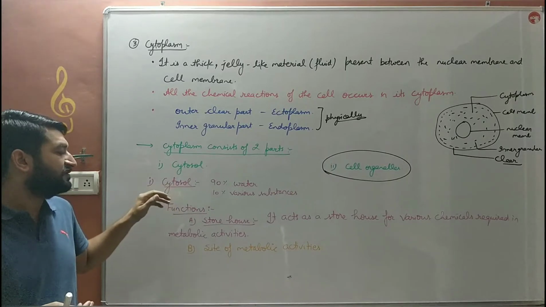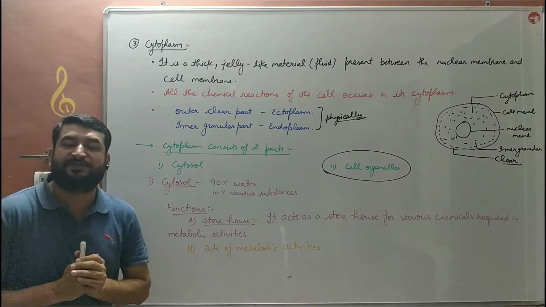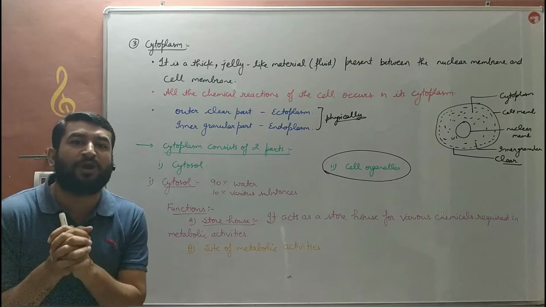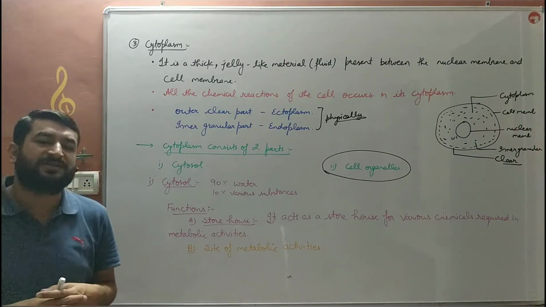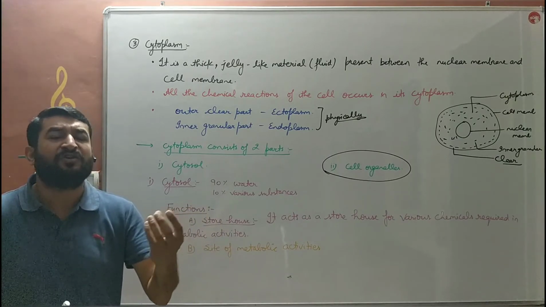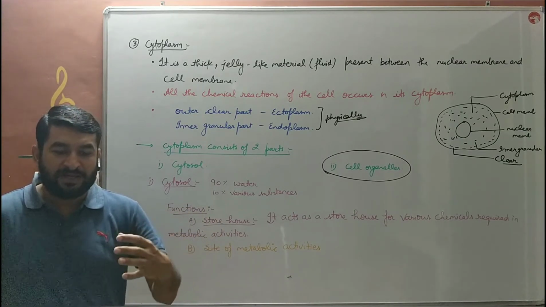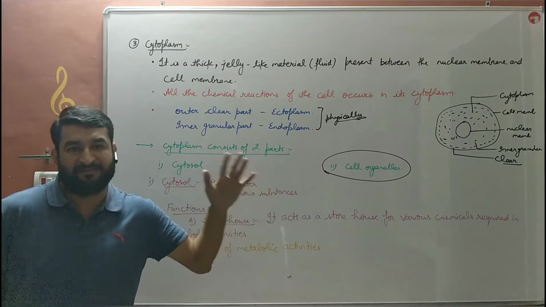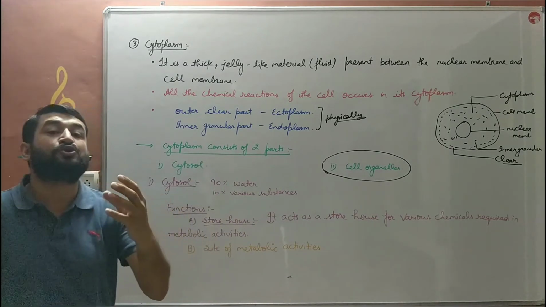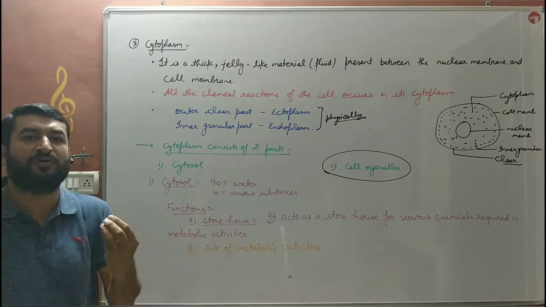Next, it performs two very important functions. The first one is that it acts as a storehouse. We all have stores in our houses. What purpose do they serve? We put our basic materials which are not in continuous use in there, things which are not of daily use.